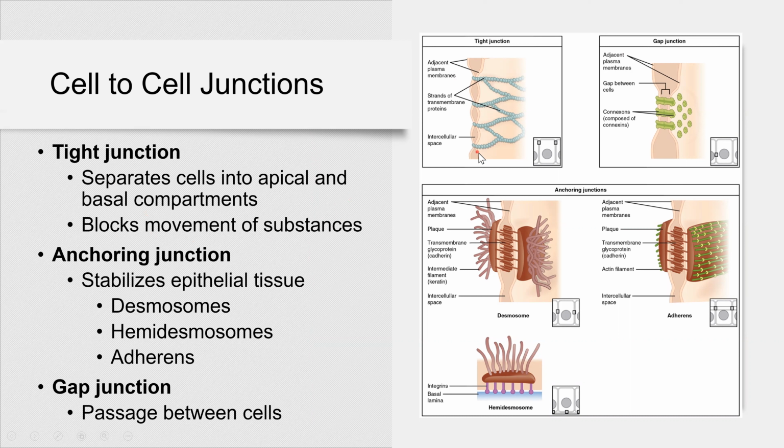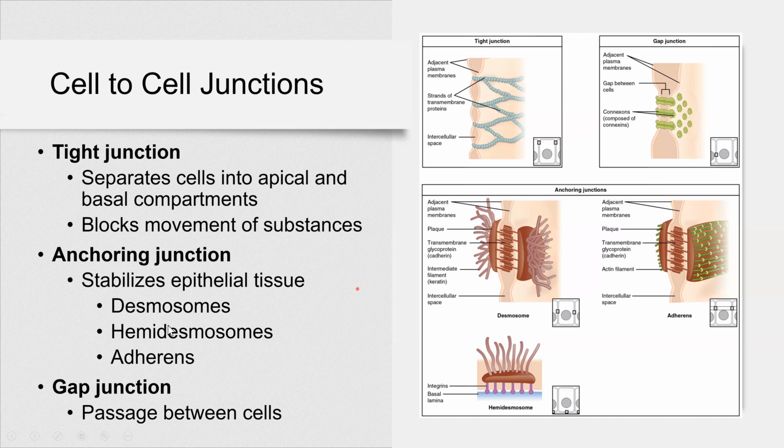The cell membranes are pretty much fused together, and it does not allow substances to move between cells. So that makes this membrane very efficient. So this little box here represents a cell, and here we have another cell next to it, and these little squares represent tight junctions. So those are between cells.